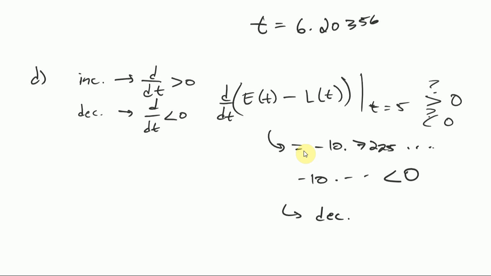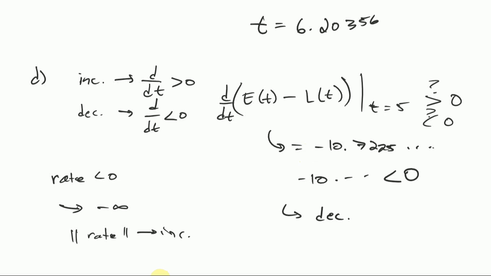But wait a second, aren't we forgetting something? Was the rate originally increasing? Think about it: if the rate is negative, less than 0, and it's getting closer to negative infinity, getting lower, then it's getting farther away from 0, which means technically the magnitude of the rate is increasing. We don't want that if we're going to say it's decreasing. So we first have to check, is the rate negative?